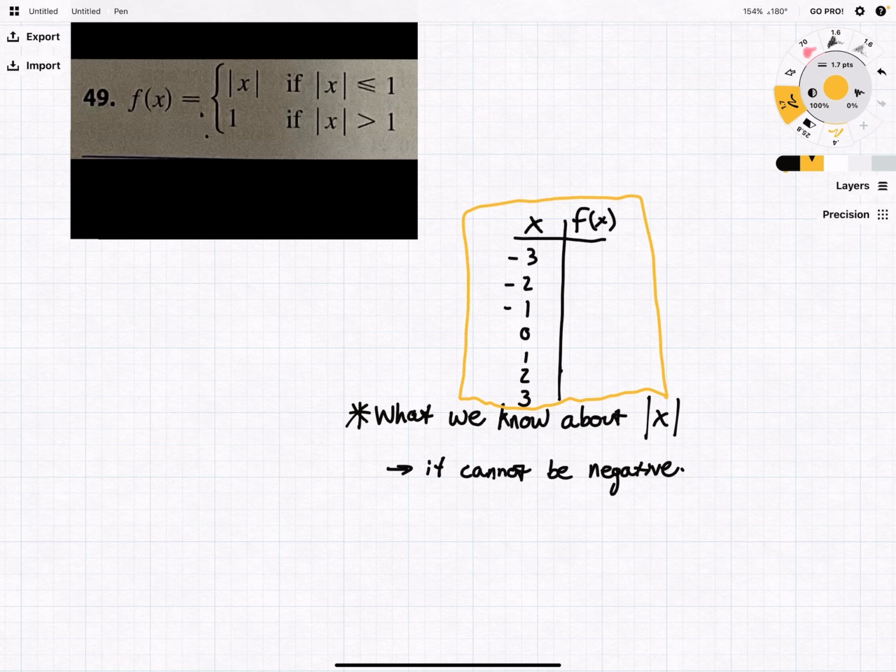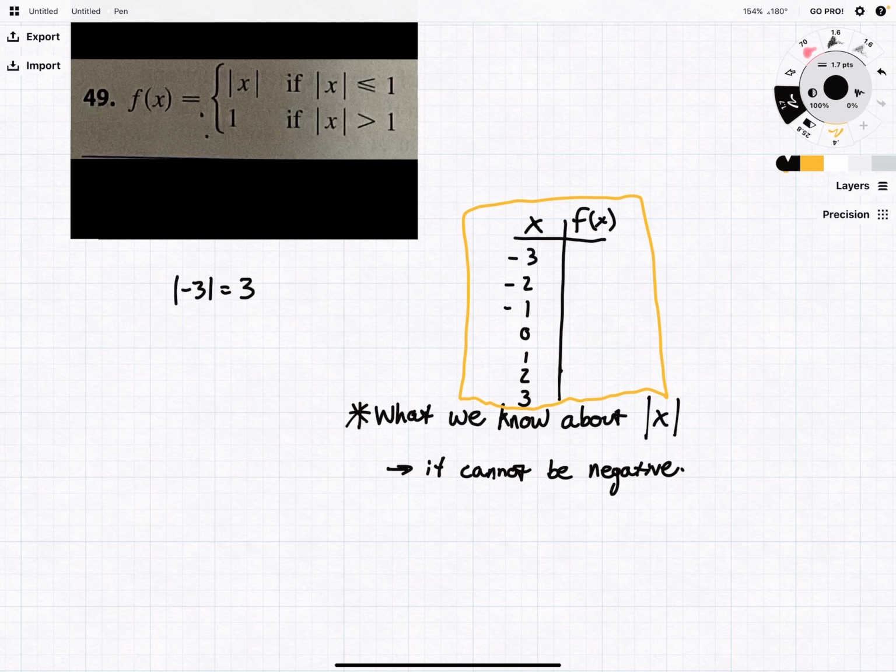If we take the absolute value of -3, we get +3.